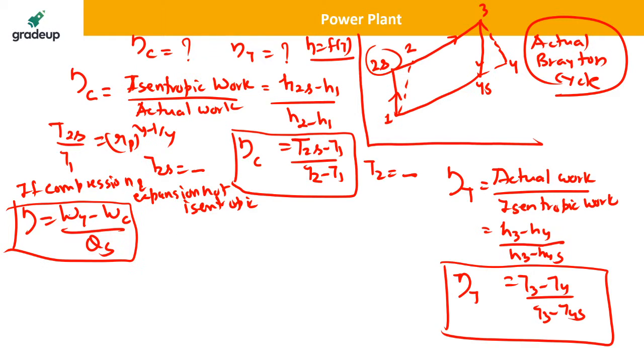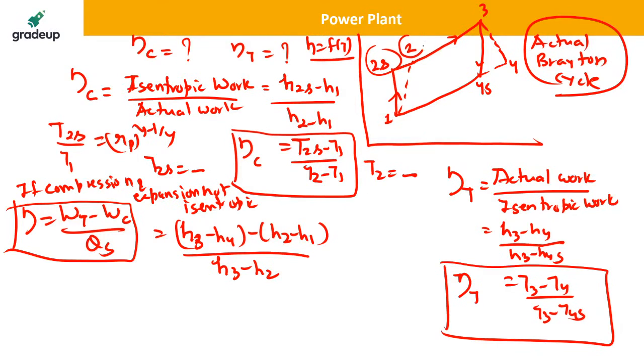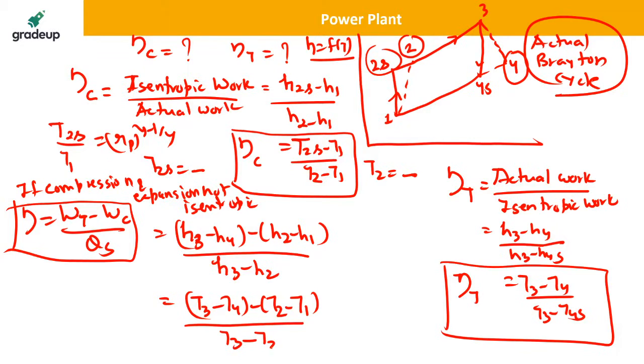In that case, you have to find the actual work of the turbine. So this will be H3 minus H4 minus H2 minus H1 divided by H3 minus H2. That means you have to find these values of enthalpy. Or you can also write it in terms of temperature. This will be T3 minus T4 minus T2 minus T1 divided by T3 minus T2.